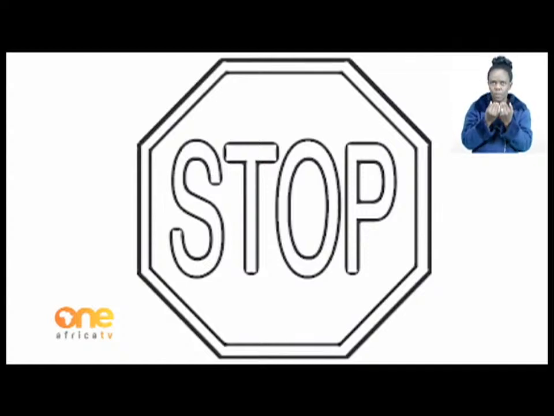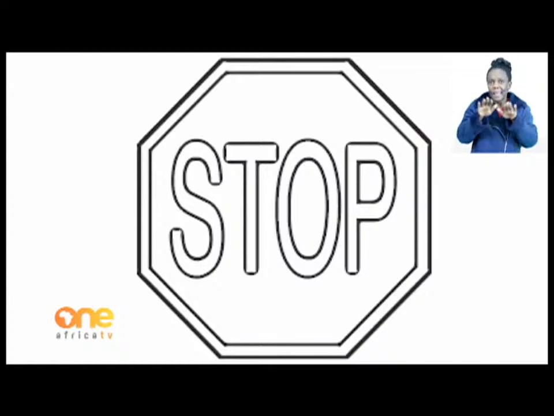So next time that you're traveling, either on a bike or in a car or in a van, you must make sure that when you do see this sign, you must stop. The stop sign is also in red and white.